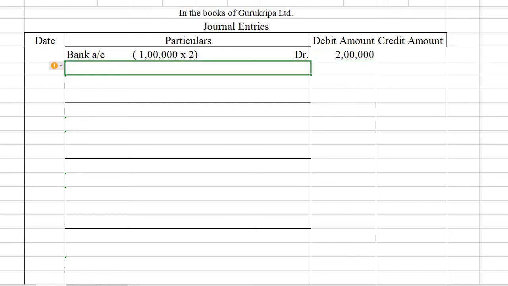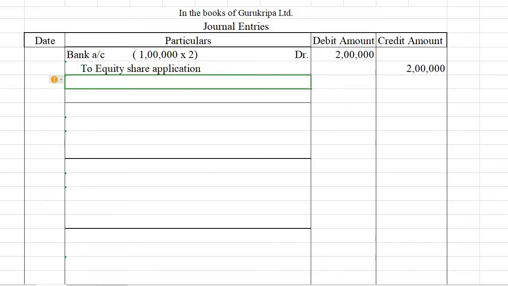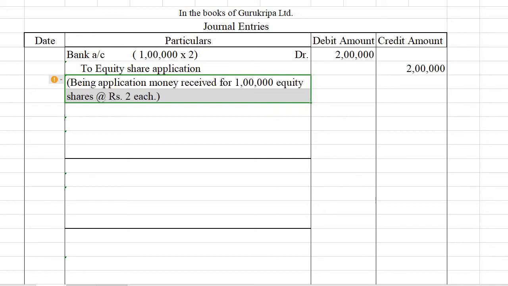Then to equity share application, since it is equity shares, we have to write equity share application, 2 lakh. Application money received for 1 lakh shares at the rate of rupees 2 each.